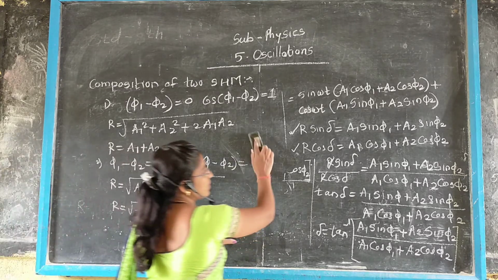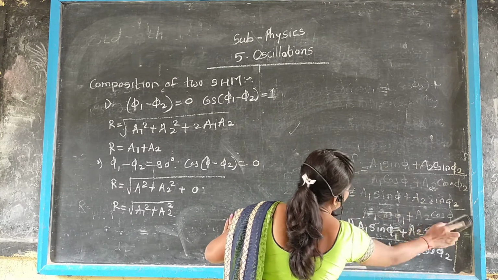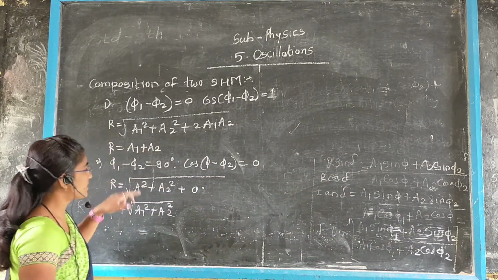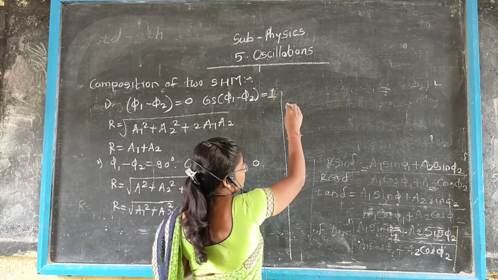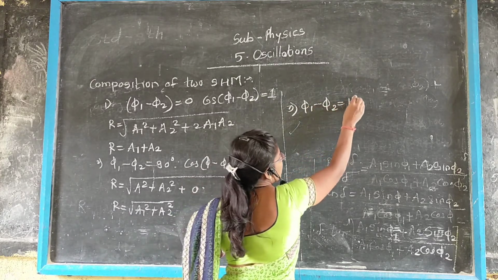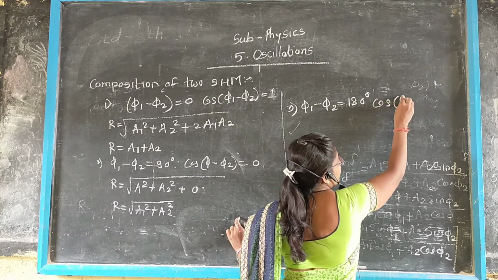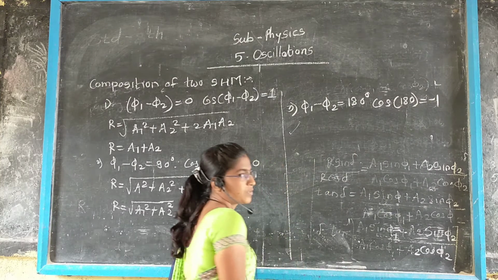Third case is if phi 1 minus phi 2 is equal to 180 degrees. Therefore, cos of 180 is equal to minus 1.